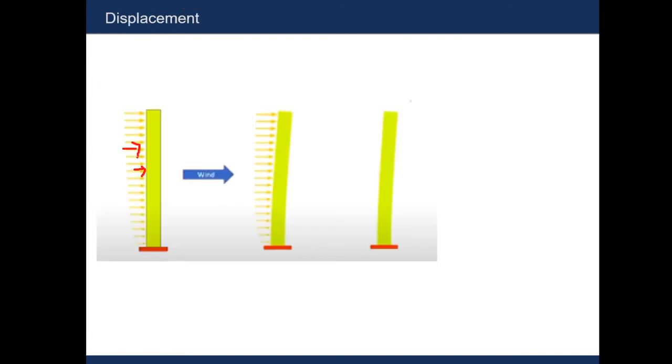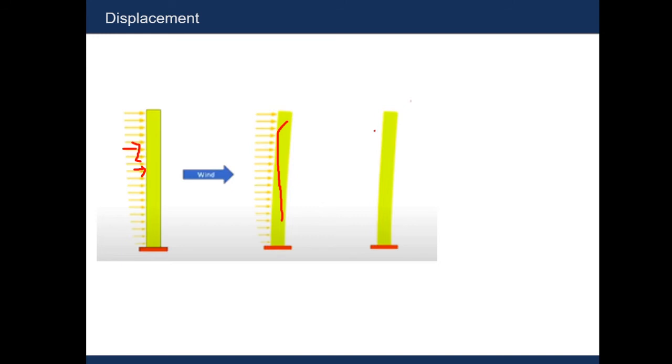Here we can see wind load. Due to this wind load, this structure will try to bend or deflect or be displaced. So in order to be an ideal structure, it shouldn't displace, or it should have the ability to restrict this displacement.